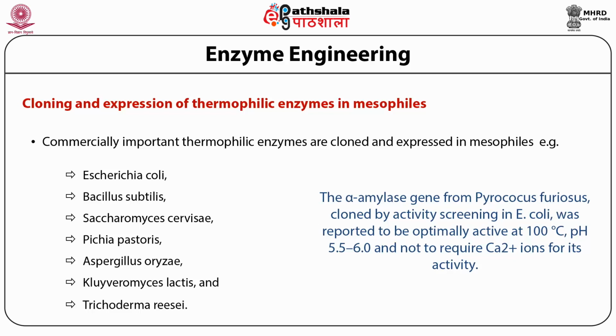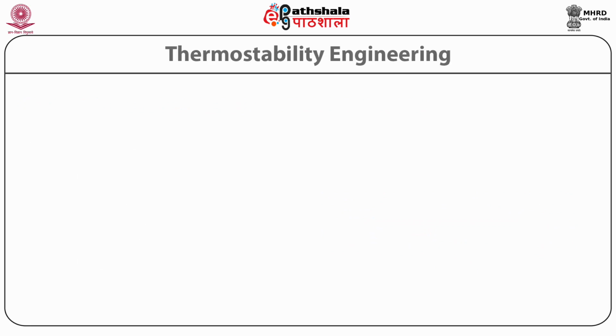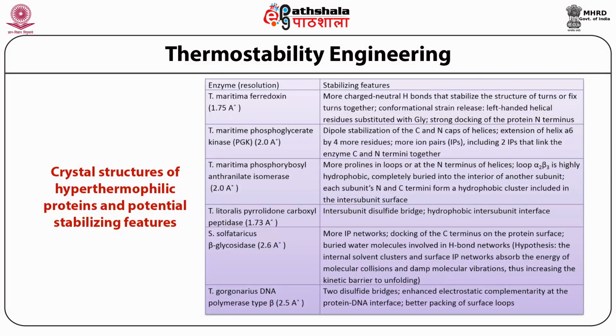The pH range was also maintained between 5.5 to 6, and an advantageous point was that this enzyme did not require calcium ions for its activity, which actually was an additional advantage of producing this enzyme in the E. coli host.